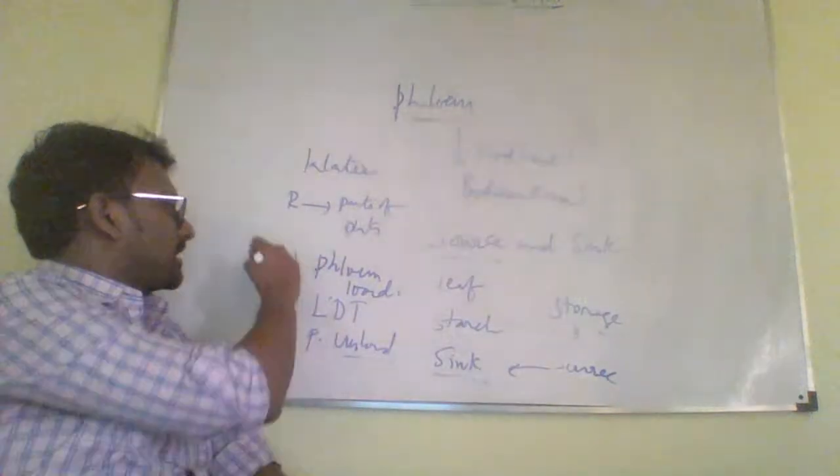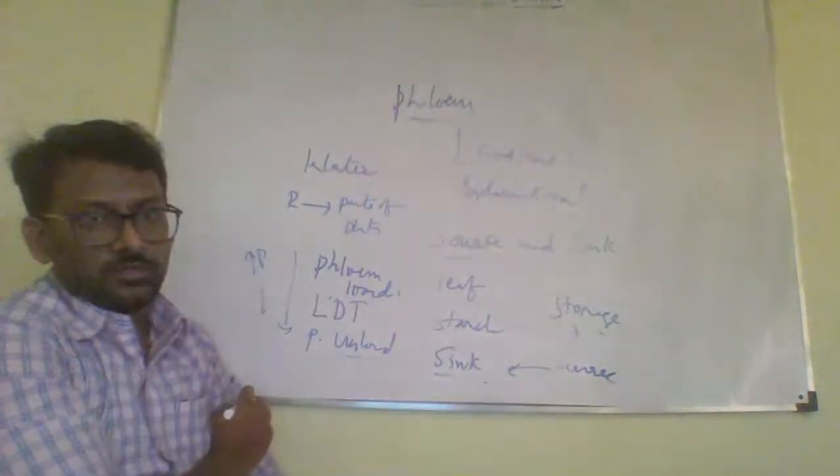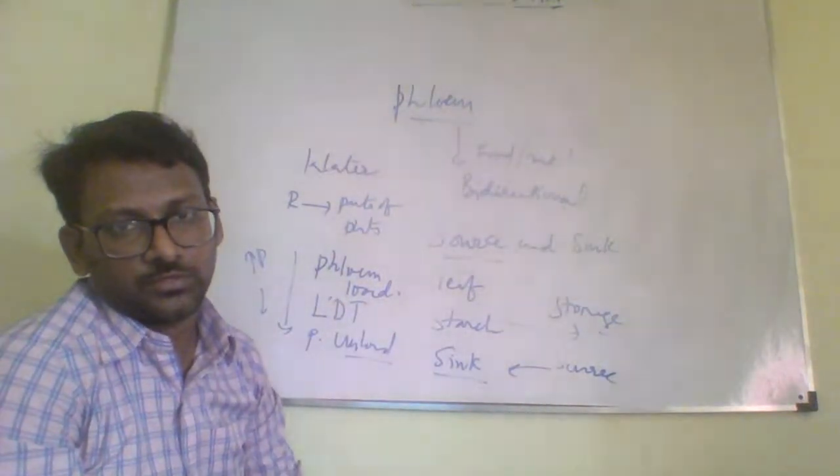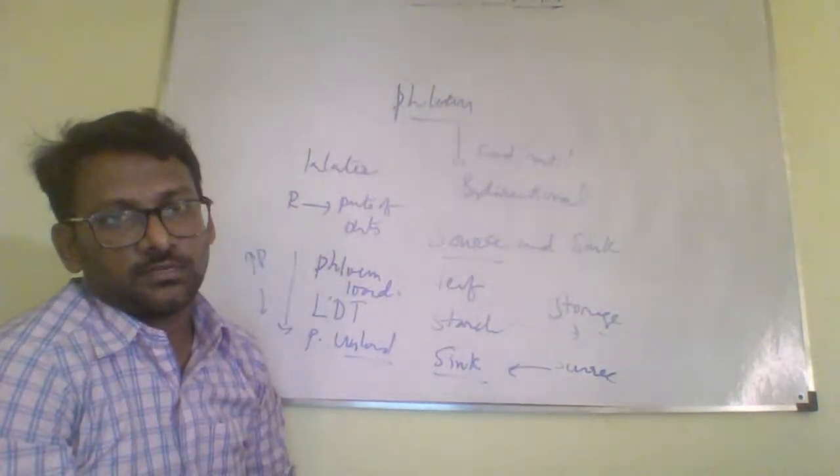So this creates high pressure to low pressure. This movement, bulk flow or mass flow, would be taking place from higher region to lower region, right?